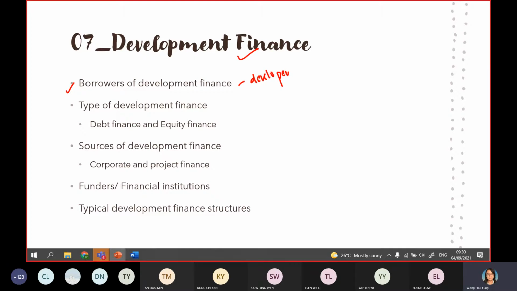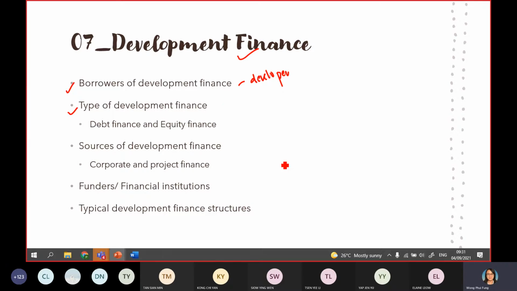Their aim and objective are different. Their characteristics are different. Because of this difference, they need to raise short-term or long-term finance. So this is what we have learned in this subchapter.